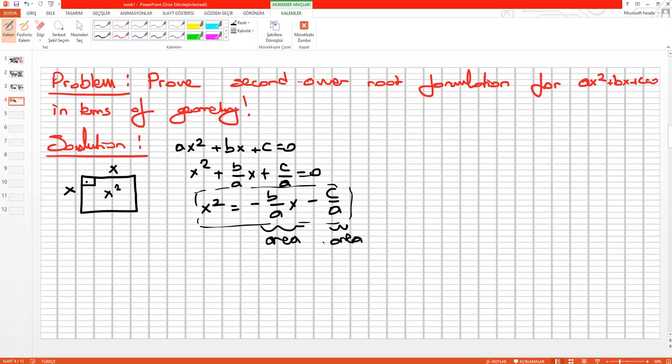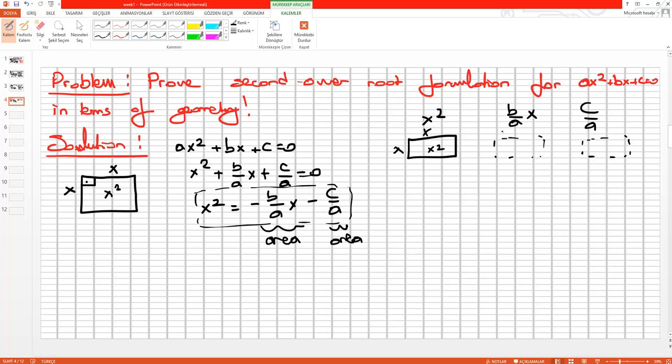These two terms represent area, right? And so we have the x square like this one, and we also have (b/a)x and c/a, and so this must be another area in this form. Okay, so how can we do that?